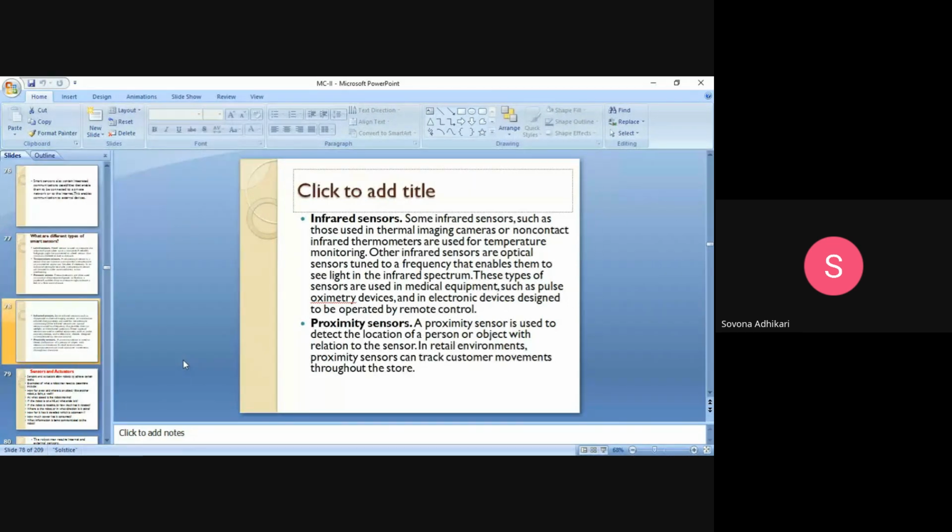Basically, in a store there are some areas which are restricted for customers, so the proximity sensor senses the location of a person or object in relation to the sensor. So it can track the location and movement of a particular person in a geographical area.